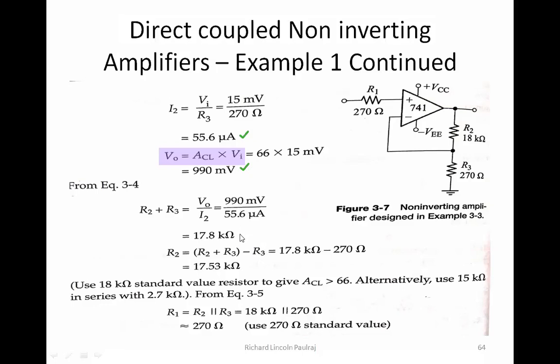So this is a combination of both R2 and R3. Now we had seen this formula: R2 is equal to R2 plus R3 minus R3. So plus and minus goes off, and ultimately we are remaining with R2. The combination is 17.8 minus 270. How much are we getting?